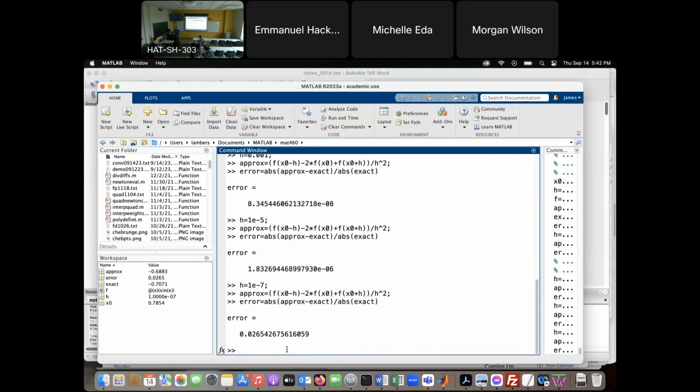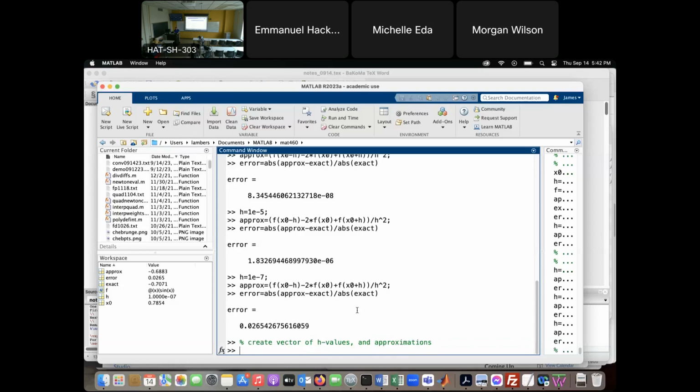To demonstrate this more visually, I'm going to create a vector of h values and approximations to go with them, using a for loop.